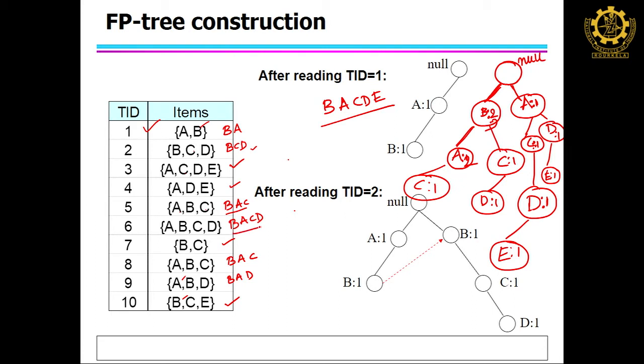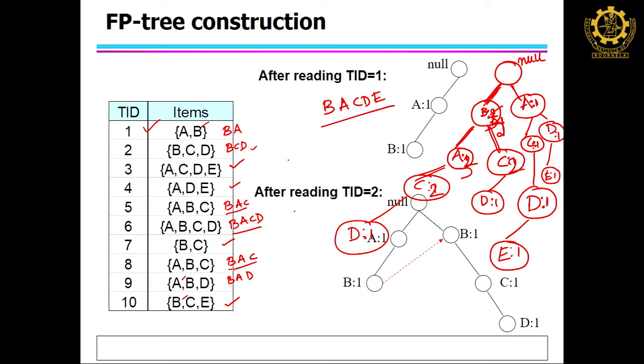Then is B A C D. So, this is B, this is A, this is C and let us say this is D. So, this is 1, this will be 2, this will be 3, this will be 4. Then B C. So, B is here, then what is C? C is no immediate C, yeah, B C. So, this will be 5, this will be 2, that is all.